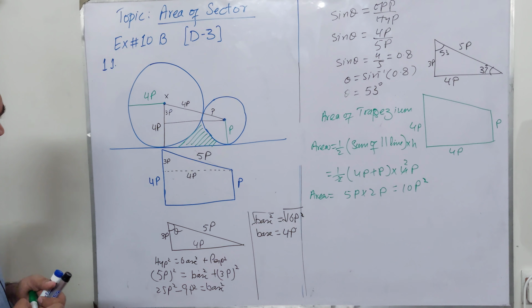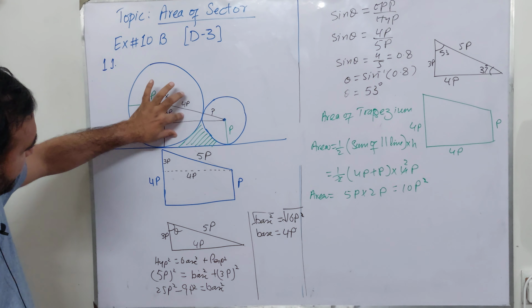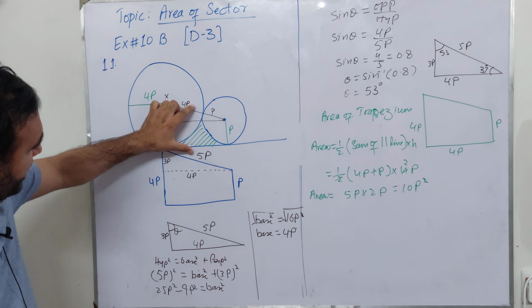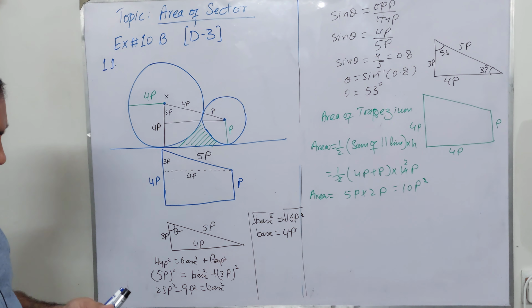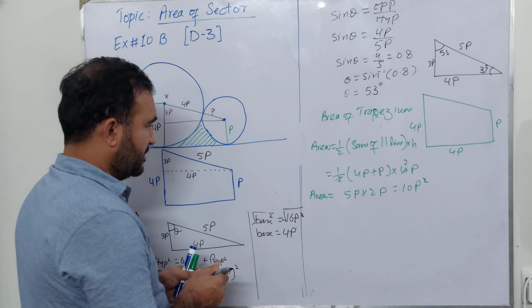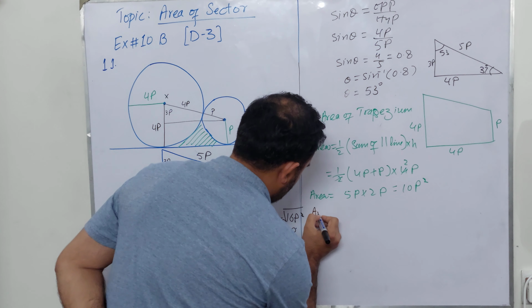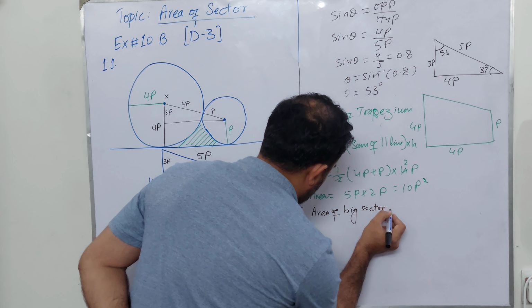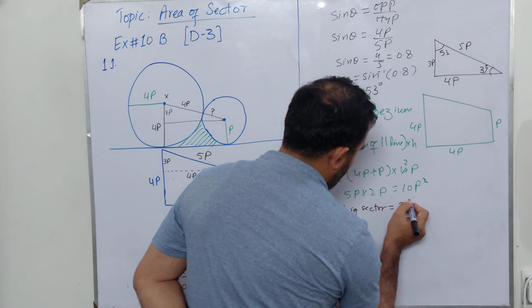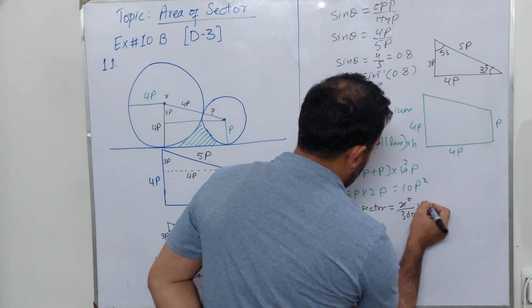Now if we take out this area of sector and this area of sector from the whole area of the trapezium, we will be left with this shaded region. So we need the area of the sector. Area of the big sector is equal to angle divided by 360 into pi r square.